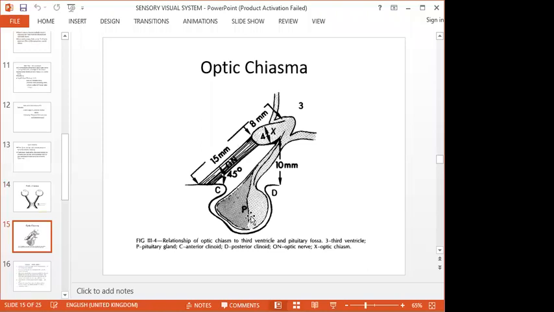Pituitary gland. That's the pituitary fossa with the pituitary gland in there. So a tumor of the pituitary gland will affect the optic tract, not the optic nerves. Okay.